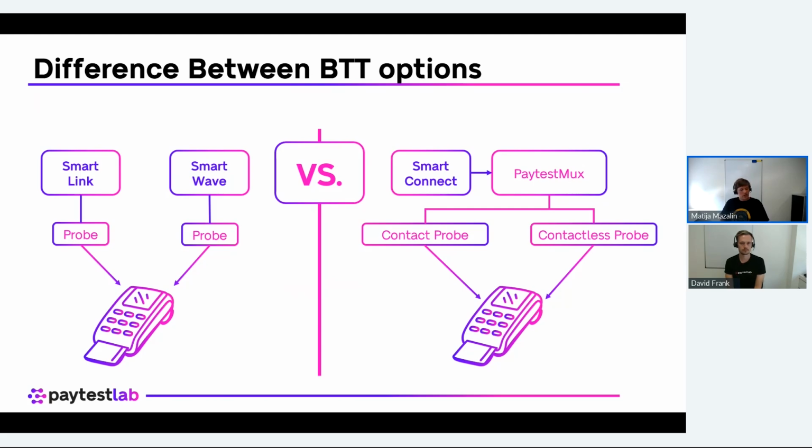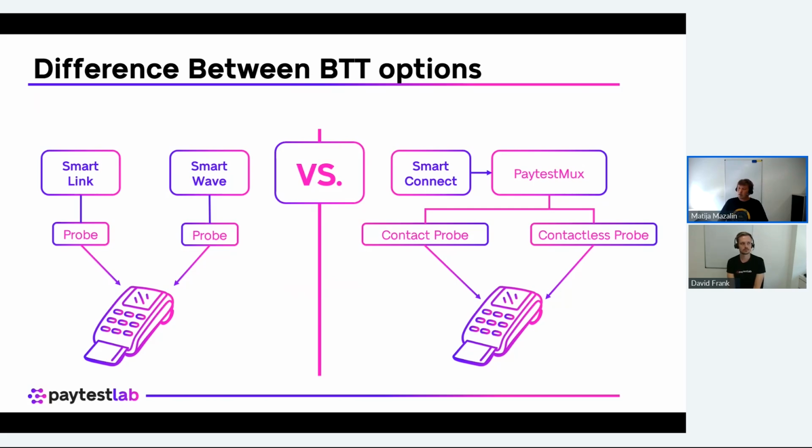However, lately Fime created something called Smart Connect, which I'm showing here on the camera. This Smart Connect is a tool that has both interfaces at once. So it can do chip and it can do contactless, which can be a little bit trickier for automation because we cannot really move this from the contact interface to the contactless.